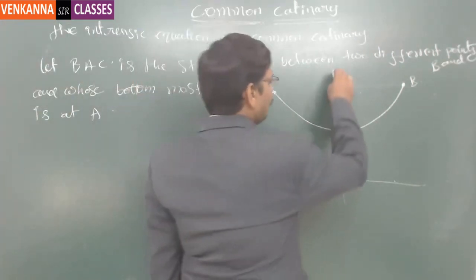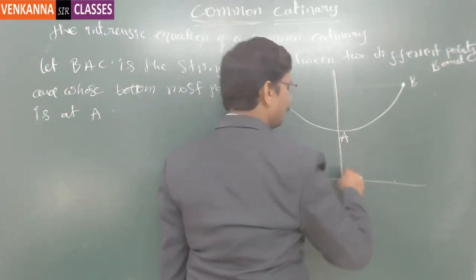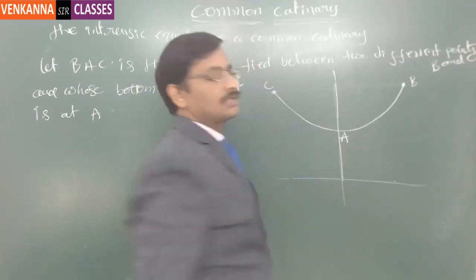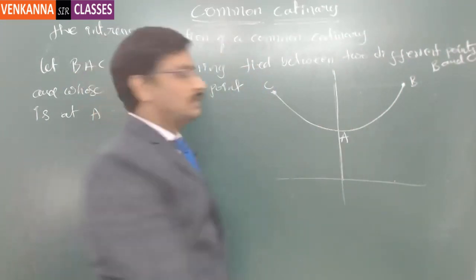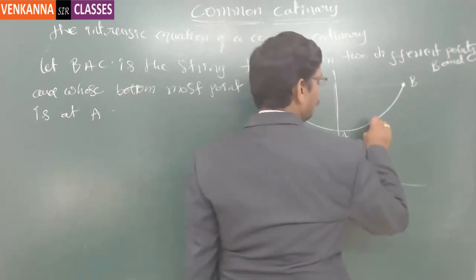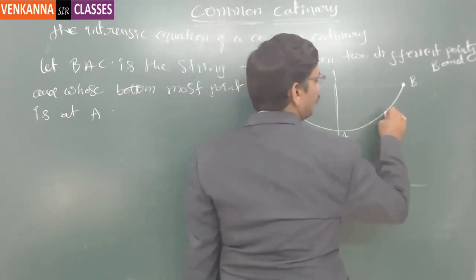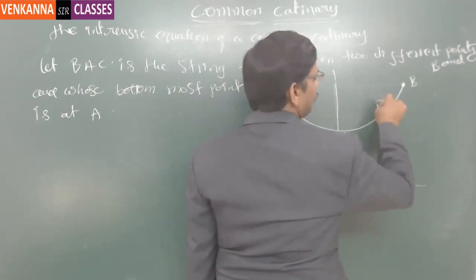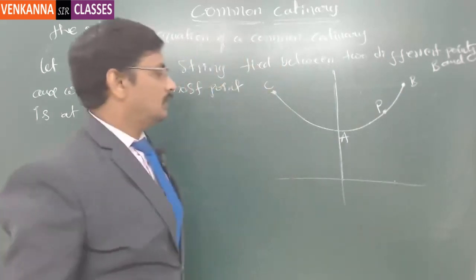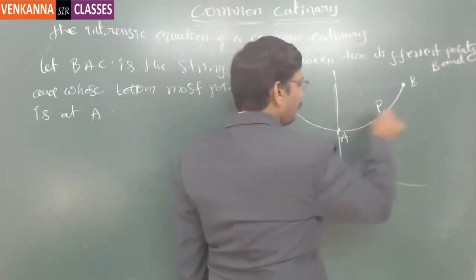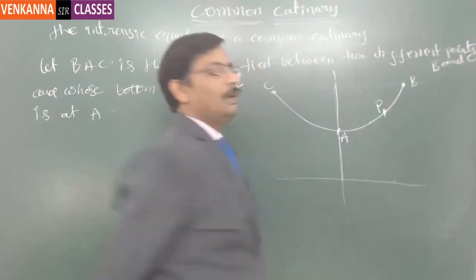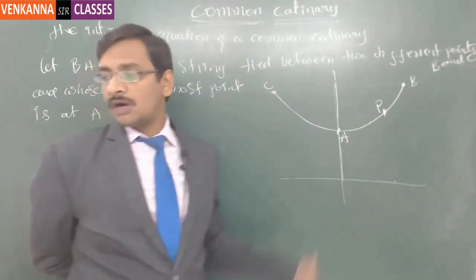Now, if you randomly consider a point on this string, let us say I have considered a point at this particular location, and I call this point P. Then the portion of the string from A to P will be under equilibrium with what forces?